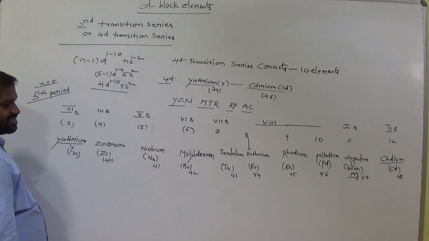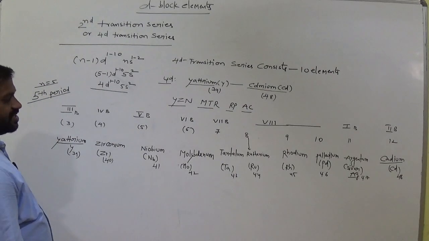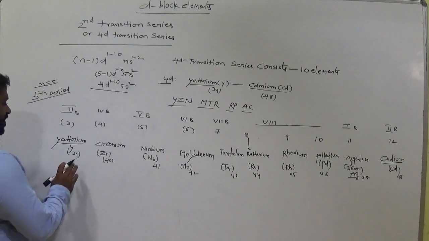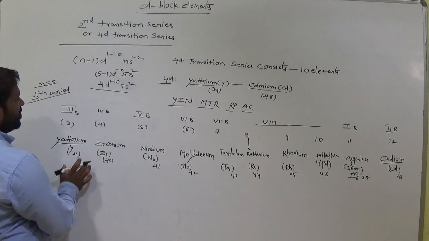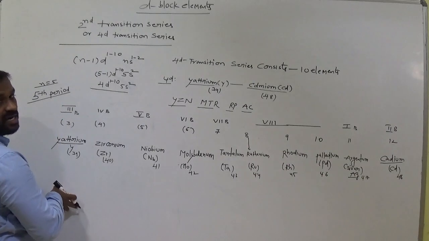So let us discuss their electronic configuration. For yttrium, the general electronic configuration is 4d 1 to 10 5s2 for the 4D transition series.